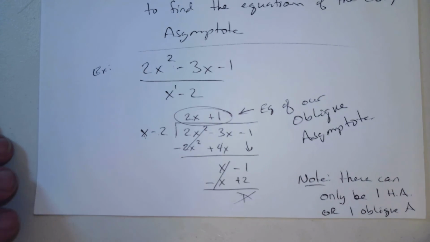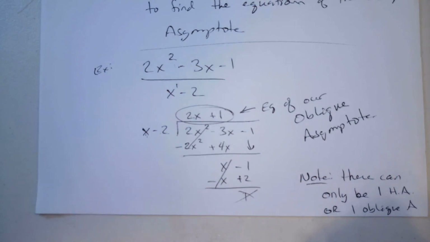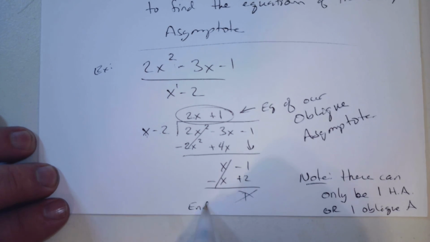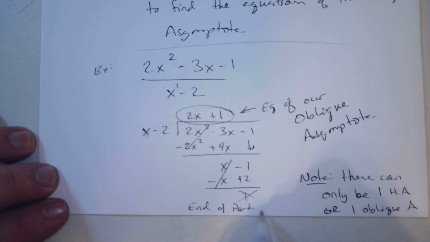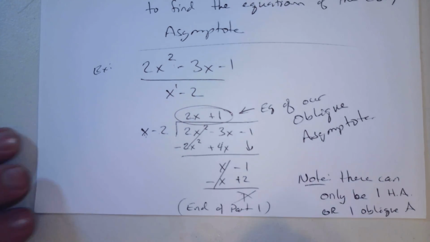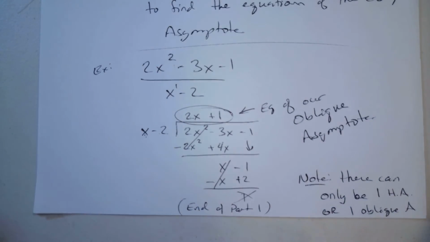You cannot have them both. All right, so end of part 1. Part 2 is going to be examples of how to use all this stuff to start graphing polynomials.